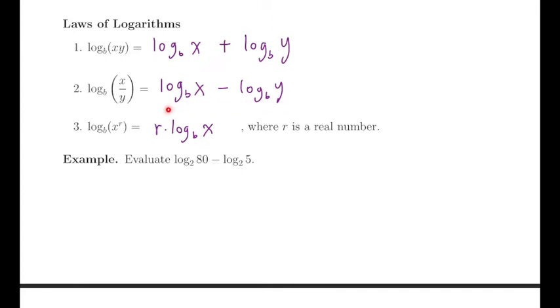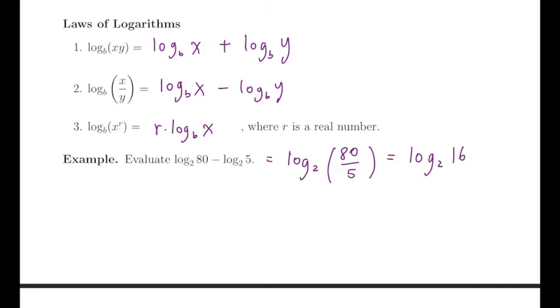What we will do is turn this into a single logarithm by going backwards. So we'll write it as a quotient. This is the same as log base 2 of 80 over 5. Well, 80 over 5 is 16, so this is log base 2 of 16.